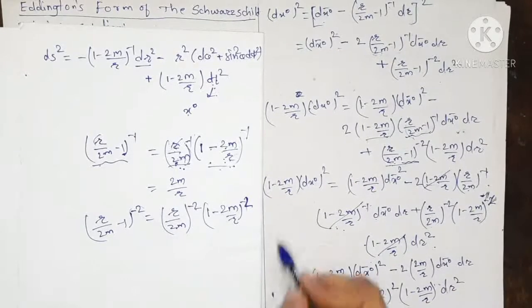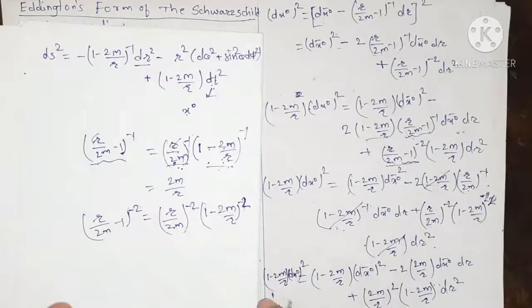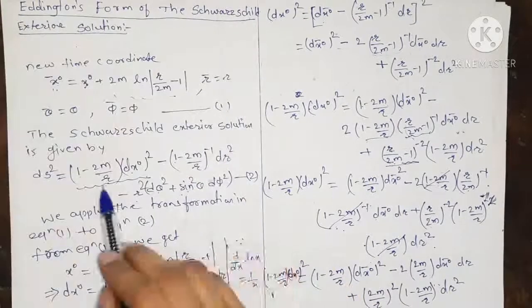Okay, so this is the value of our 1 minus 2m upon r into dx0 square. So we substitute this value in equation 2 here.